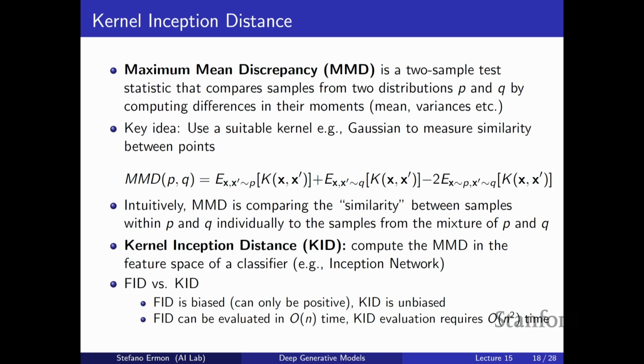If the kernel is comparing data points based on some features, then this is the same as embedding the real data points and the fake data points in the feature space of the kernel, and then comparing those two objects. The nice thing is that the kernel could be looking at an infinite number of features. It's like the kernel trick, where you compare data points using an infinite number of features without ever having to compute them.